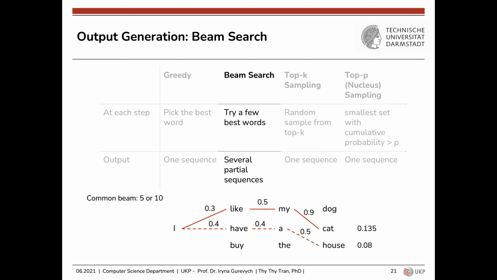For example, here we will keep track of 2 best candidates. So we will keep like and have and expand the sequence after that. At the end, we will get the highest probability sequence, which is I like my cat instead of I have a house.